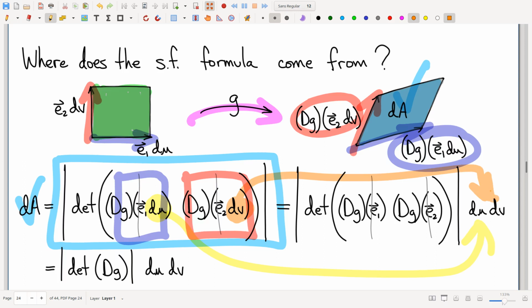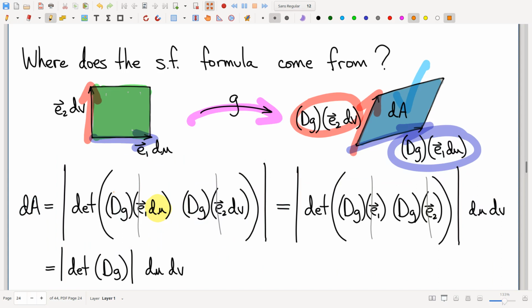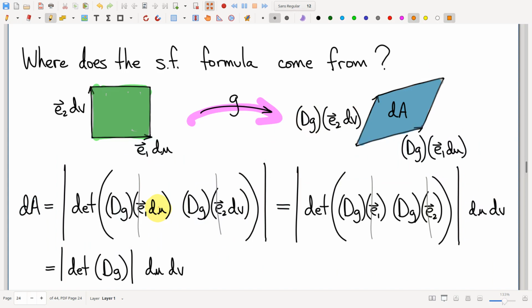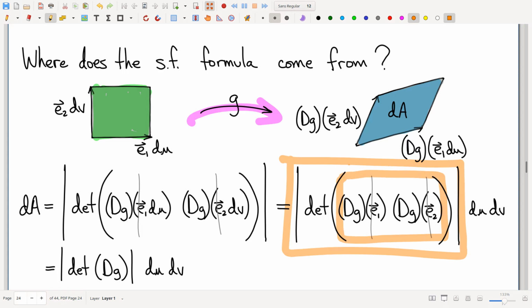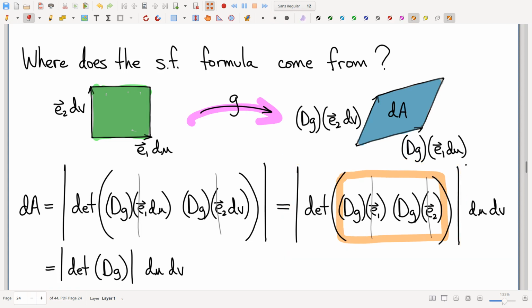That leaves us now trying to understand this business right here, the most confusing part of which is this matrix on the inside. So let's talk about this matrix on the inside now.